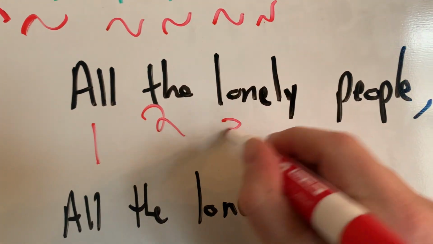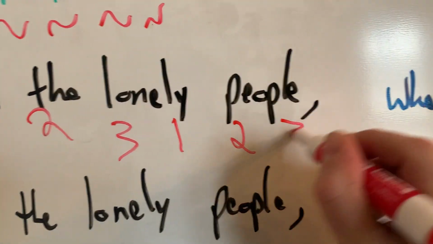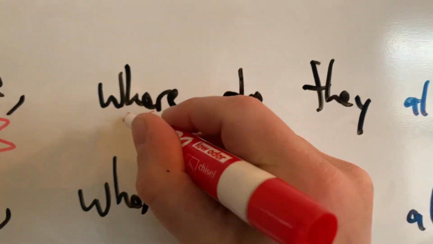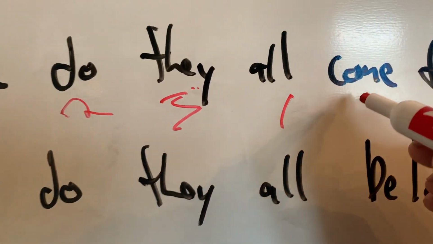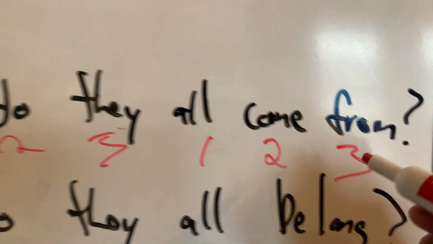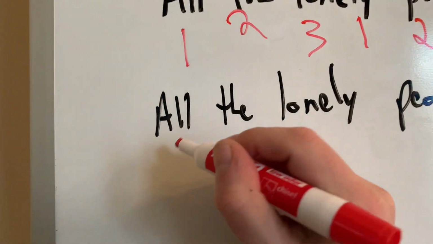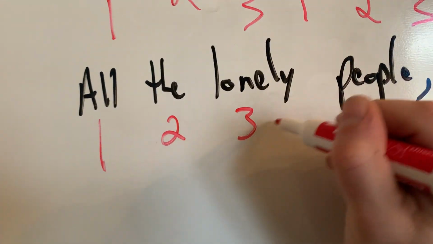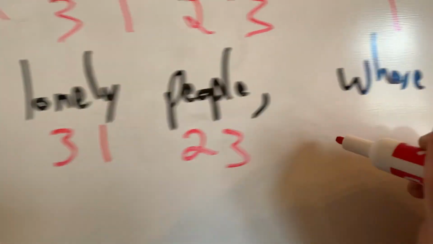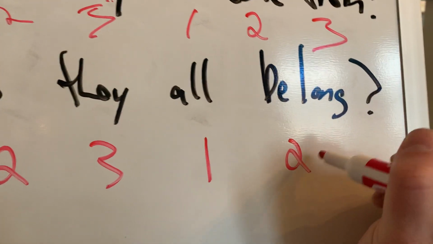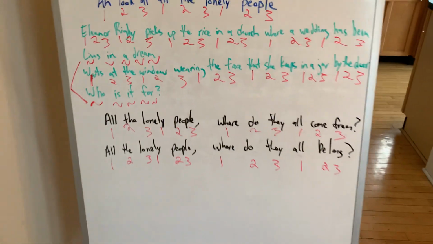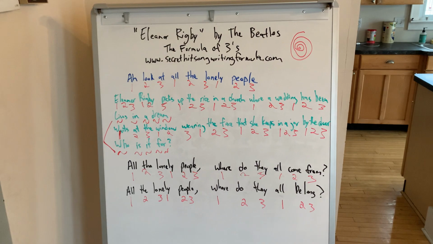"All the lonely people, where do they all come from?" Perfect 3's. "All the lonely people, where do they all belong?" So it comes out in perfect threes in that section as well.